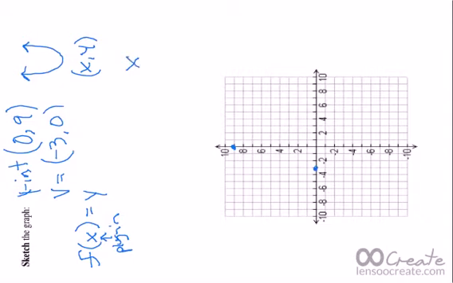So I'm going to create an input-output table. And the first thing I'm going to do is I think -1 is a good one. So that means I'm going to plug in -1. Wherever there's an x, I'm going to plug in -1.